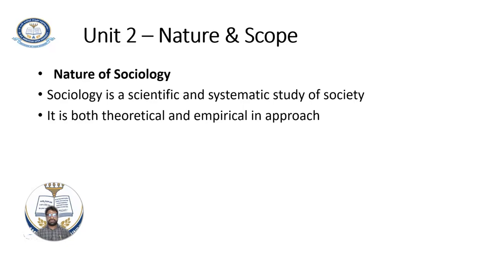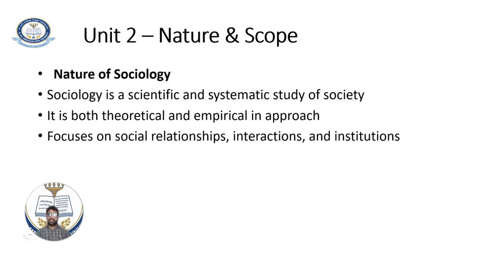Sociology is both theoretical as well as empirical in its approach to study society. It focuses on social relationships, interactions, and social institutions in society. Sociology is an abstract as well as a generalized discipline.